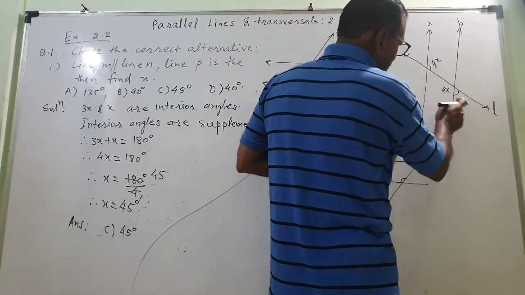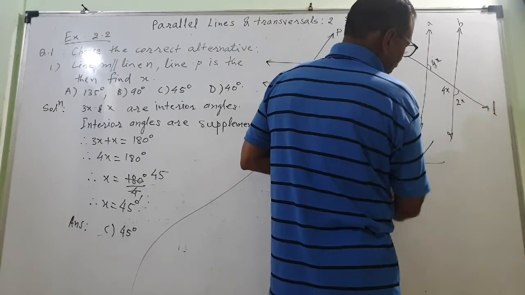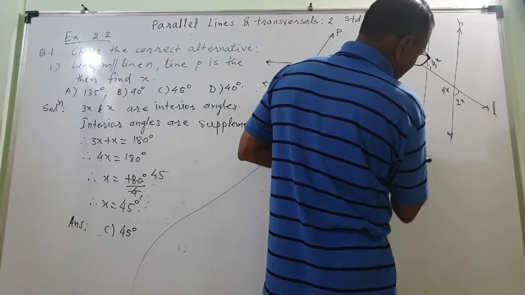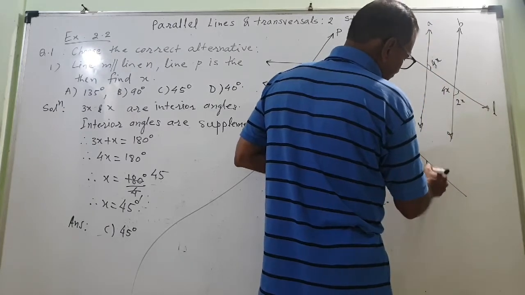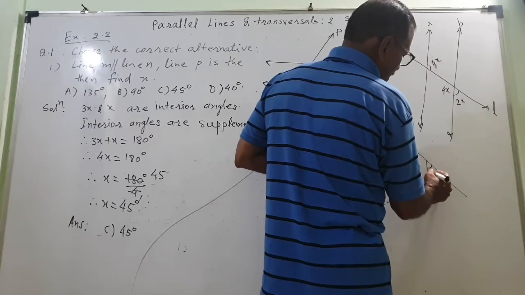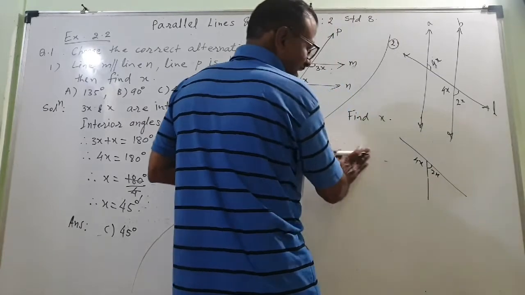Now the sum of these two will be 180 degree, because this is a line and this is a transversal. This is 2x and this is 4x. These two angles are on a single line.